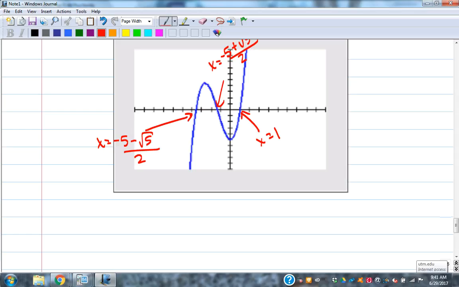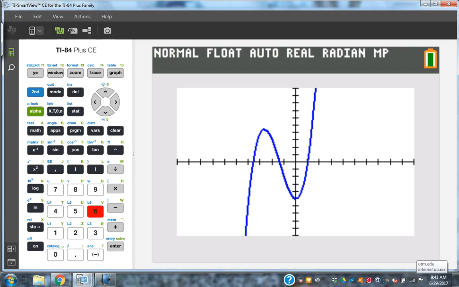Now, is there any way you could have guessed these, negative 5 plus and minus the square root of 5 over 2? No. You could get close. You could get the decimals and get close. With your graphing calculator, you could hit trace and go over it. Oops, too far. See how close I can get hitting trace there.